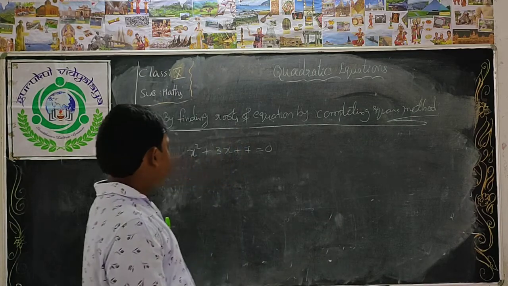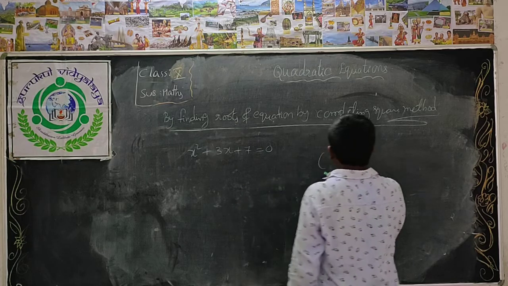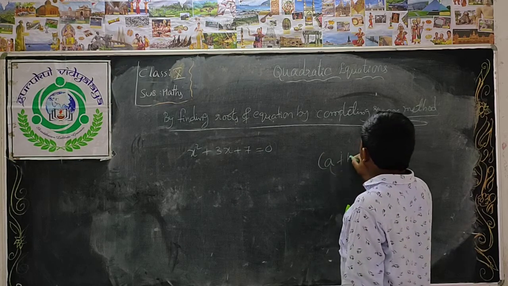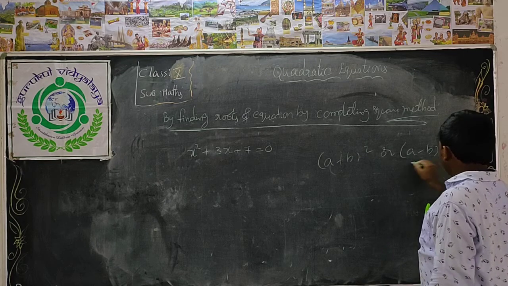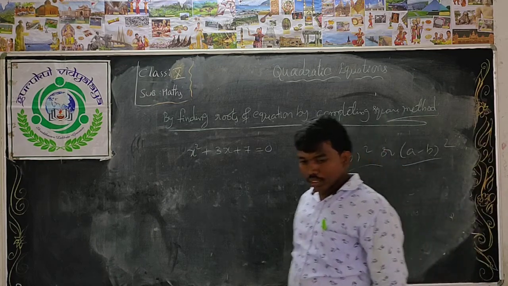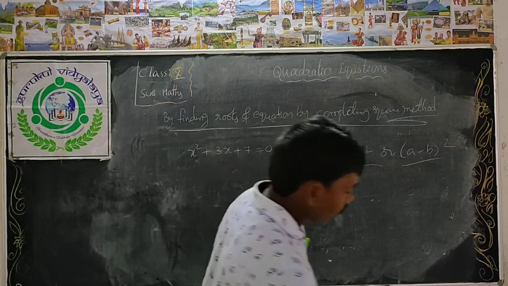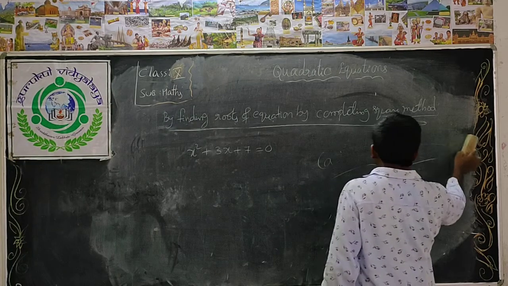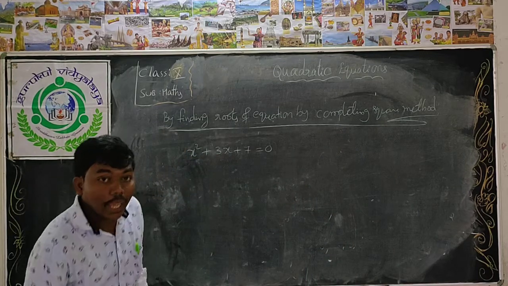So like that children, here the given equation will be changed into a plus b whole square or a minus b whole square. These are the completing squares. That is called the completing square method. I will say one example. Children, I will change this equation into a plus b whole square.